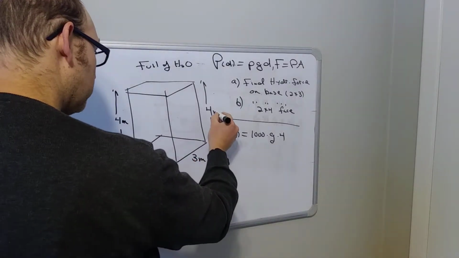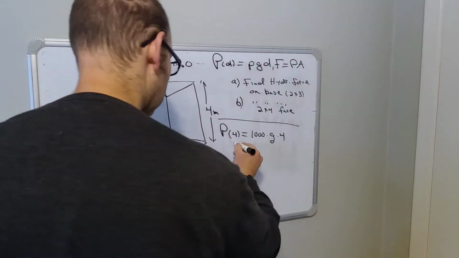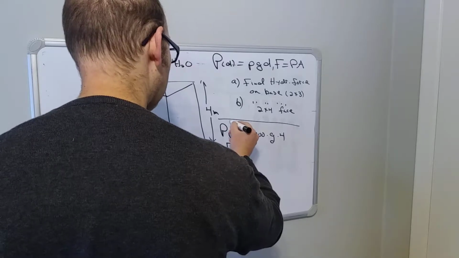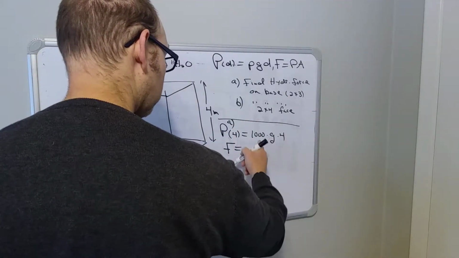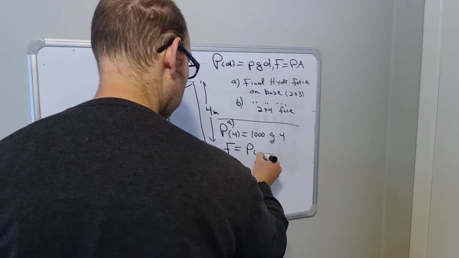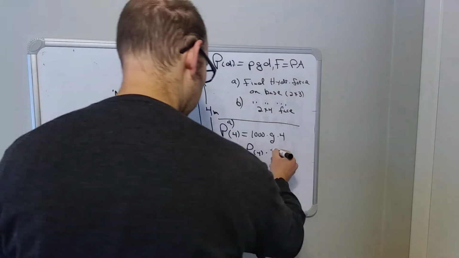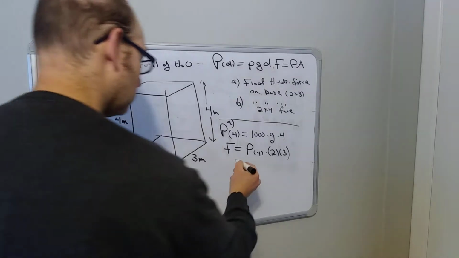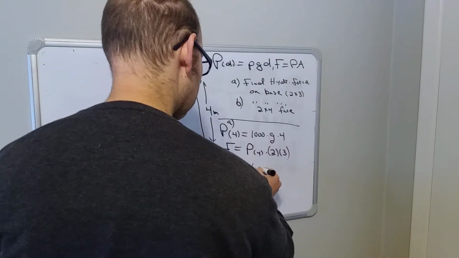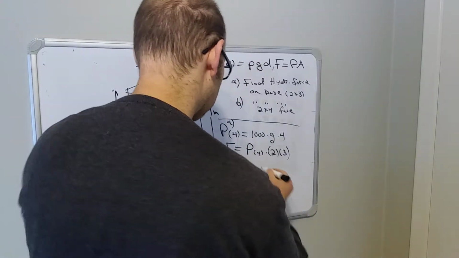So assume we're in meters, standard metric units. Okay, so that's the pressure. So to get the force at the base, so we're solving part A right here, we would multiply the pressure at 4 times the area of the bottom, 2 times 3. So simplifying, we get 6,000 times 4, 24,000 Gs.